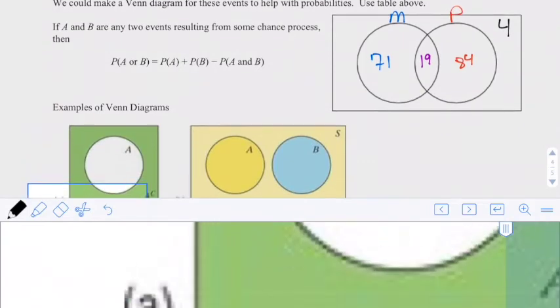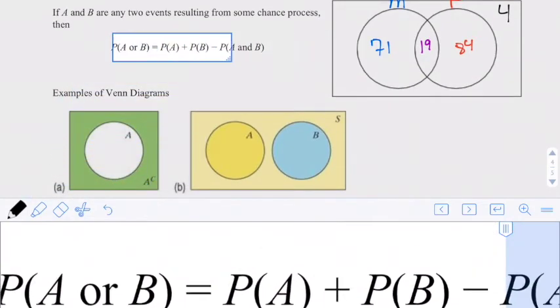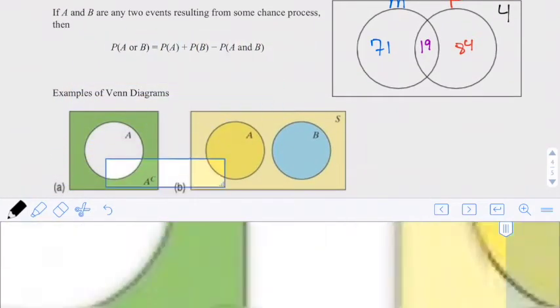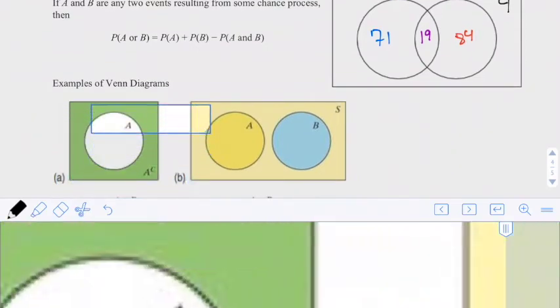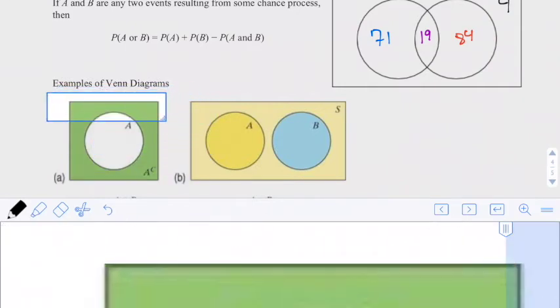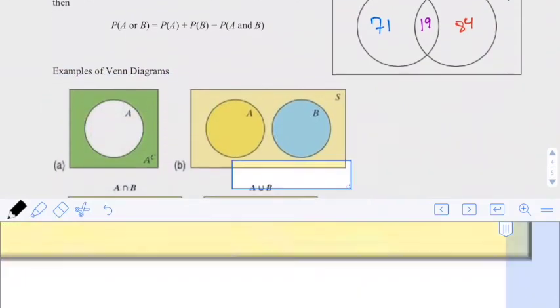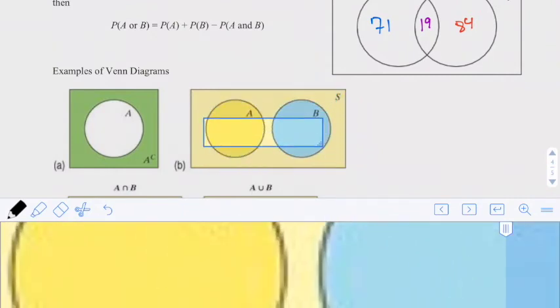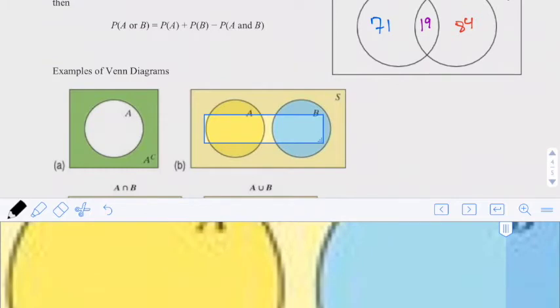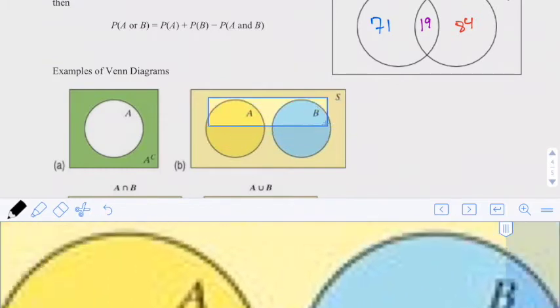So here are some examples of the Venn diagram, and then I want to come back and show you how this works. So this is A, the blanks, and then this is not A, everything outside of the event A. This is event A and event B, but they do not overlap at all. This is when we have the mutually exclusive, or disjoint is the other word that we use, events.